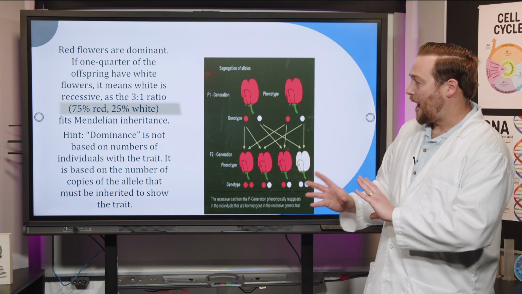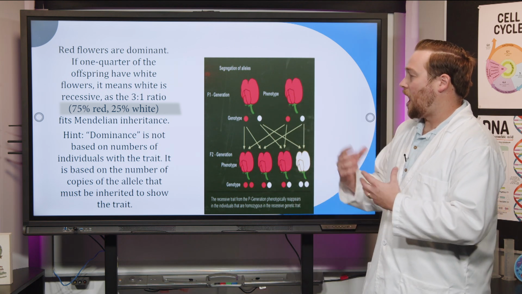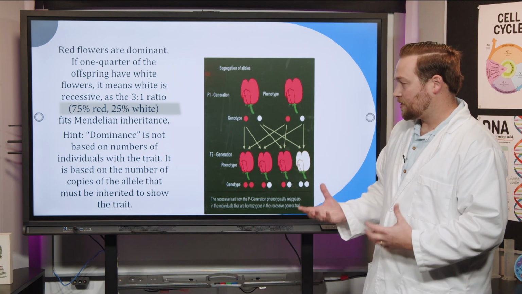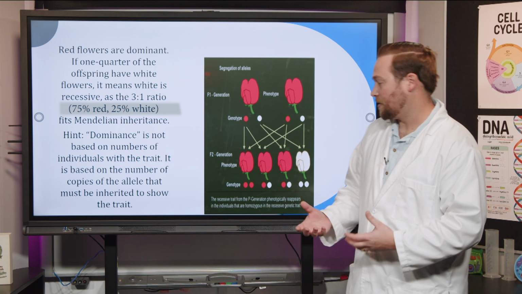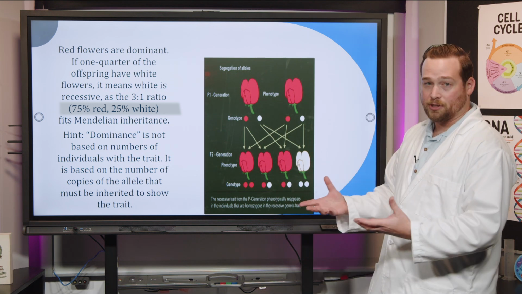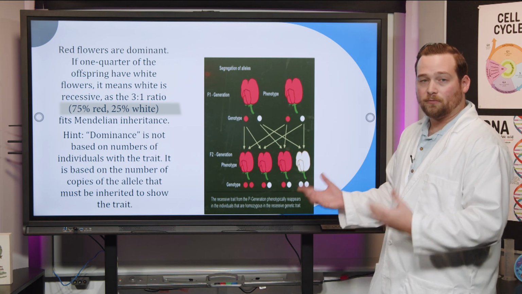And just a reminder here about dominant and recessive, remember that to be dominant is not based on the numbers of individuals with the trait, it's based on the number of copies of the allele that must be inherited to show the trait. So this individual over here, they're showing that recessive trait, that white color, because they got a white allele from each parent.